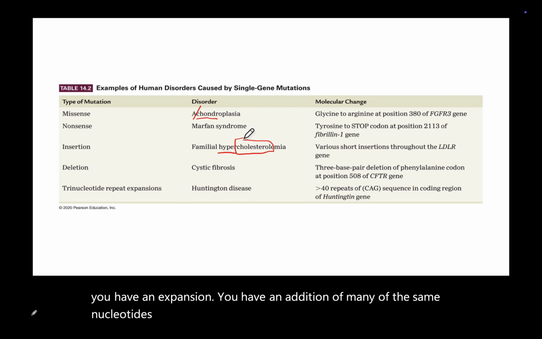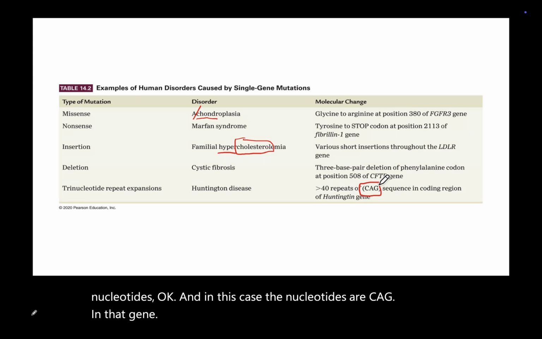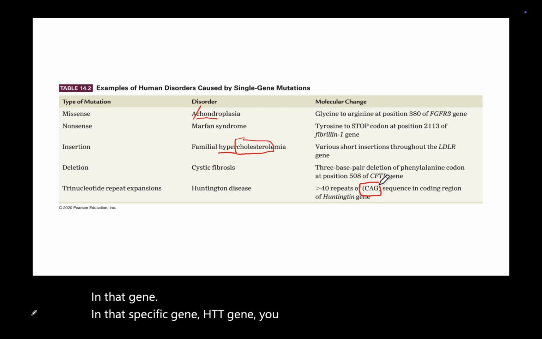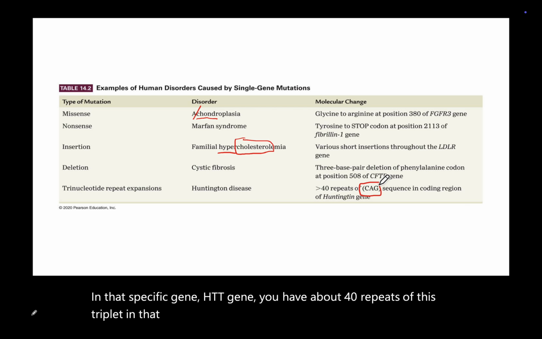In this case, the nucleotides are CAG. In that specific gene, the HTT gene, you have about 40 repeats of this triplet in that sequence, which, as you can imagine, causes a change in the whole gene, right?